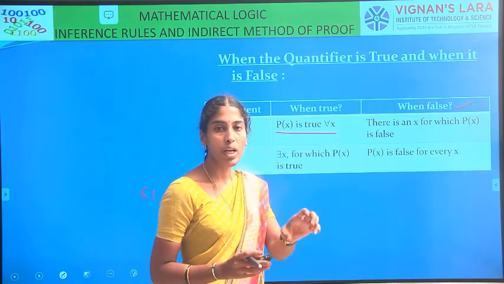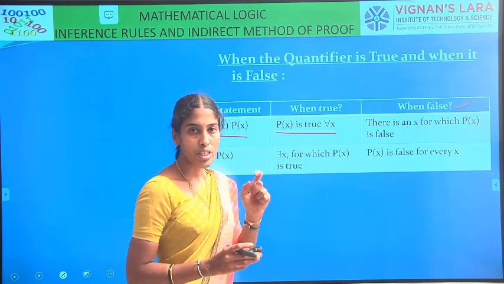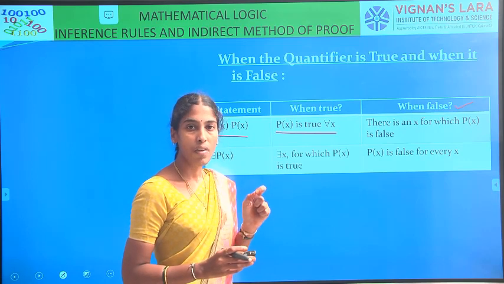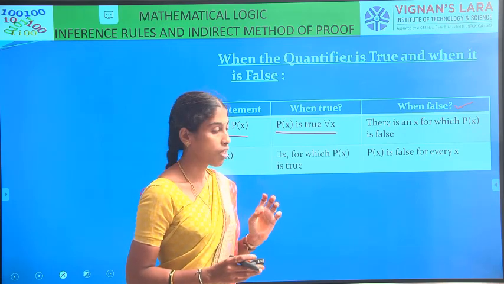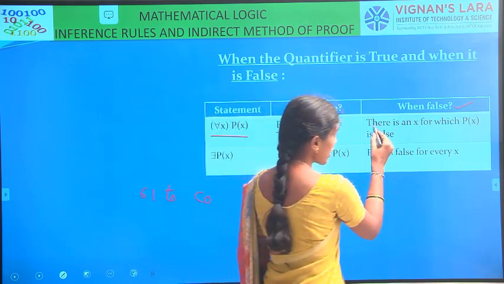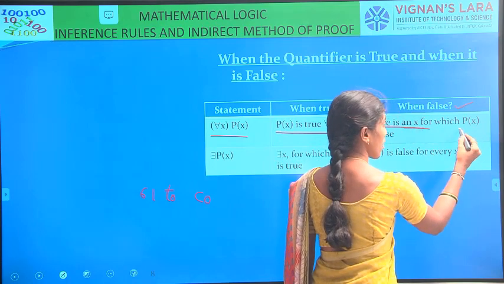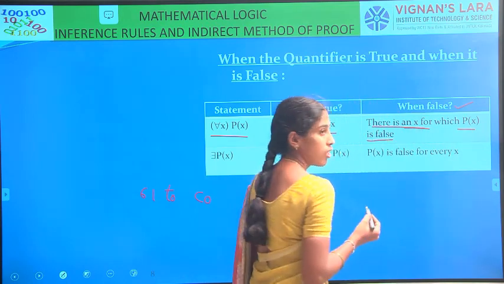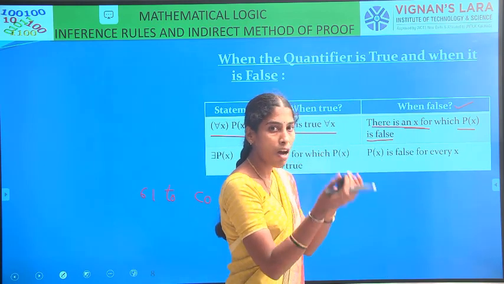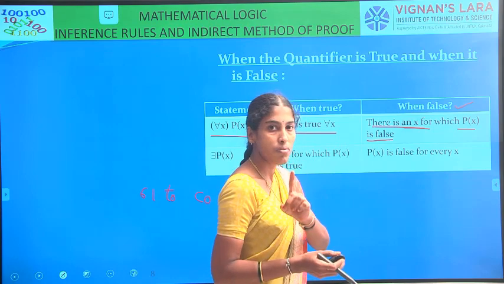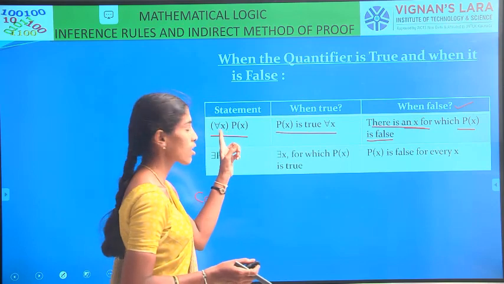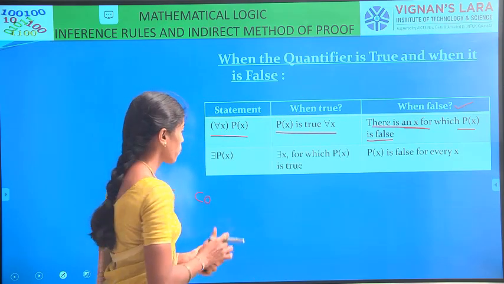Suppose Sita is a student of CSE B section. She fails in MFCS subject. She is the only person who fails in MFCS examination. Then we can't say this statement, right? So there is an X, there is Sita, for which MFCS subject fails. Fails means MFCS subject passed is not true. So for one subject or for one variable, if it is false, then universal quantifier is false.